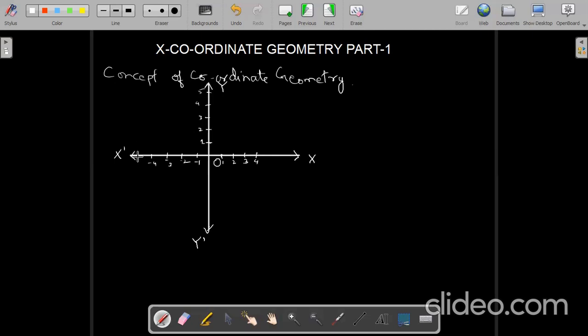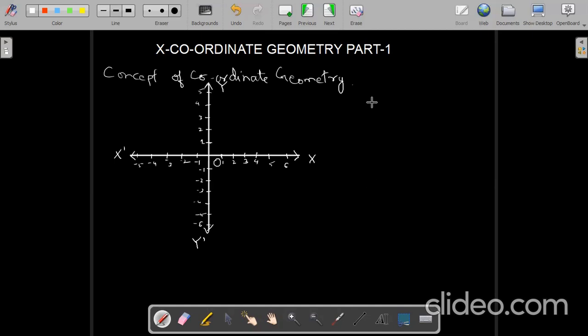Similarly, below the origin we have negative numbers -1, -2, -3, -4, -5, and -6. This is the Cartesian coordinate system.